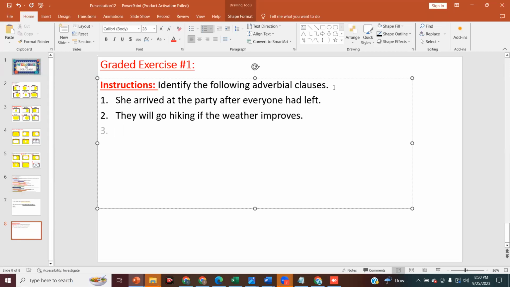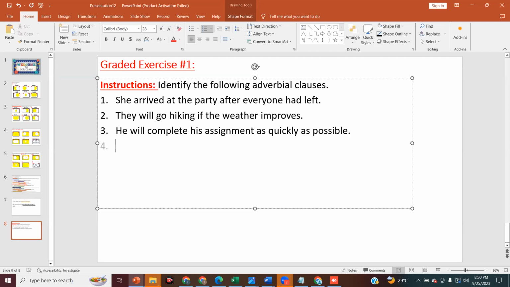Number 3, he will complete his assignment as quickly as possible.